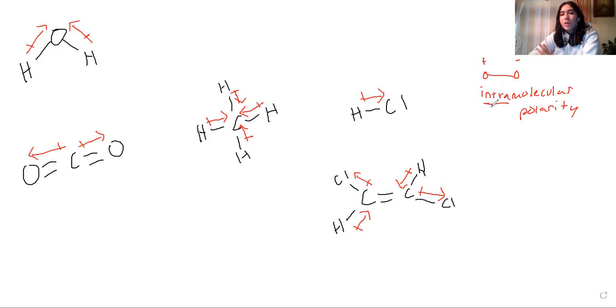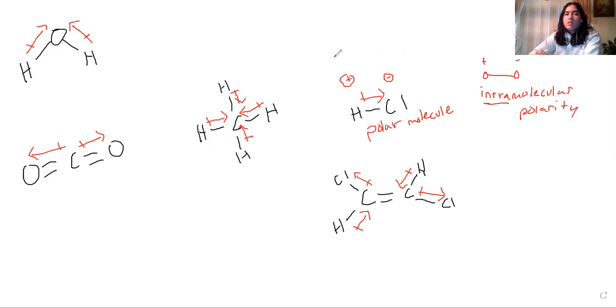Intra means within a molecule. So if you look at this HCl, for example, here is the polarity. There's a partial negative charge on the chlorine, partial positive on the hydrogen. So this is a polar molecule overall.